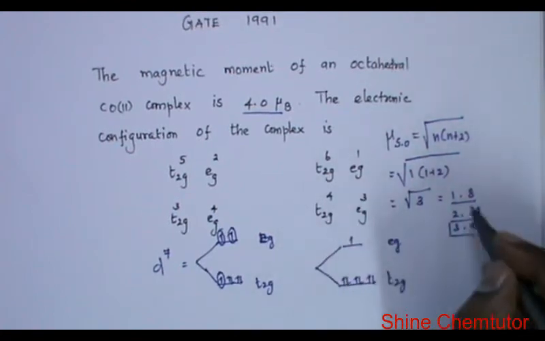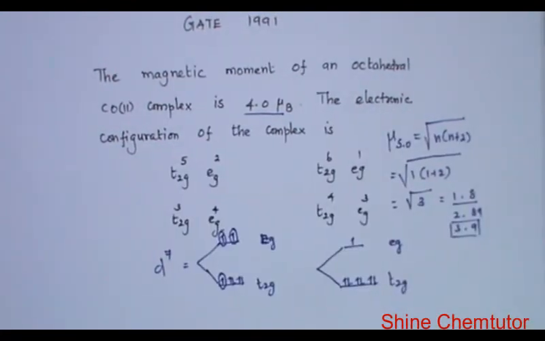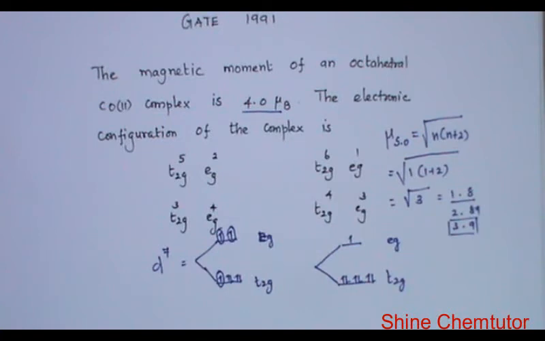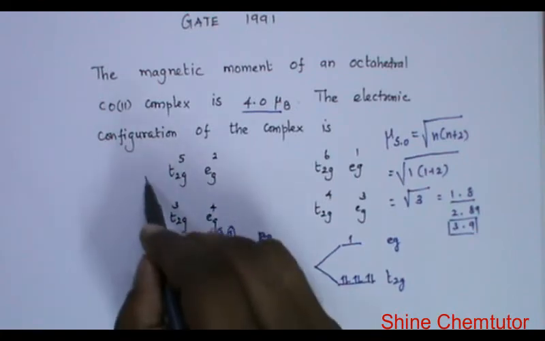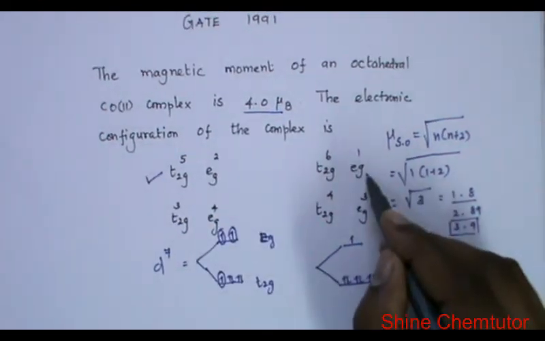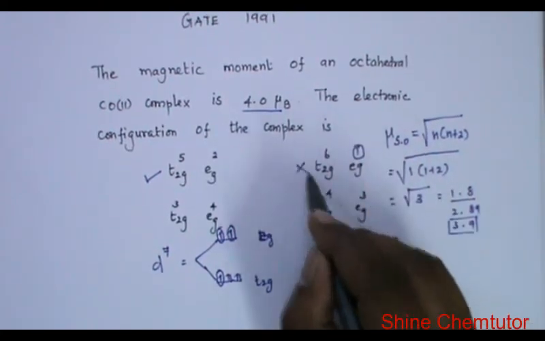For that, the magnetic moment will be around 1.7 to 1.8. Because of spin orbit coupling, it cannot increase by another 2 units. It is impossible. So the electronic configuration should not be this one. This is low spin complex. There is only one unpaired electron, so this is wrong.